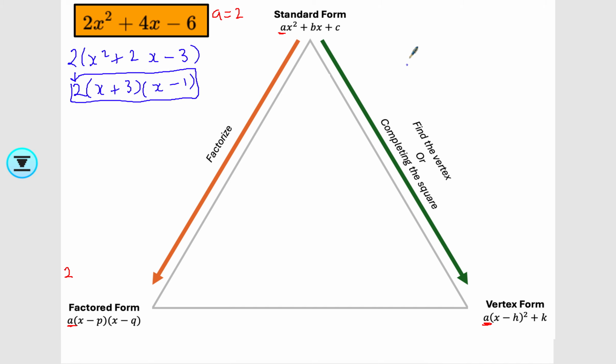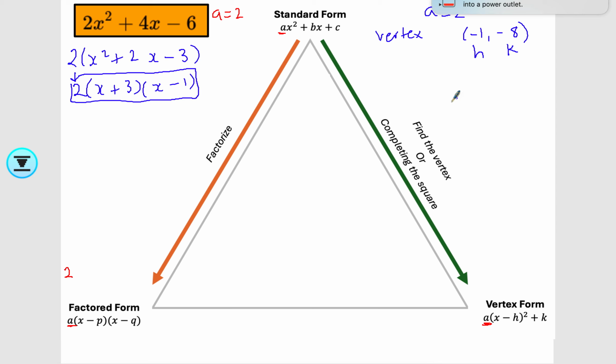If we come to vertex form, what you need to do is find the vertex. I know my a is equal to 2, so I'm going to keep that on the side. Going back to the properties video, you should know how to find the vertex. In this example, the vertex is negative 1, negative 8. Now that I have the vertex, this represents my h and this represents my k value.